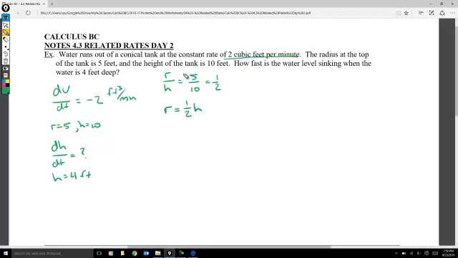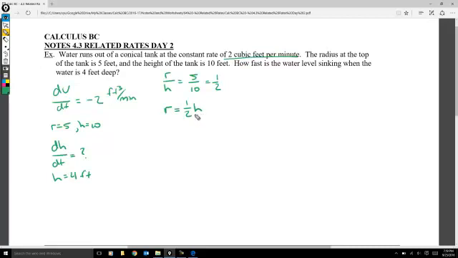In any cone, this is something that you have to remember: for any given cone, for any problem, not just this problem, the ratio between the radius and the height remains constant. In this particular cone, the ratio between the radius and the height is 1 to 2, which is specific to this problem. The radius will always be half of my height.